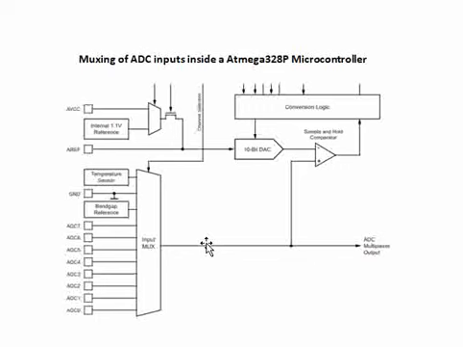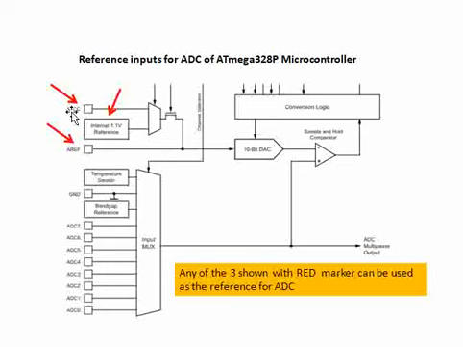The reference is the voltage against which the microcontroller operation depends, and the reference in the ATmega328P for a given ADC is selectable. So you can see here these are the ADC pins. If you go to the slide, you can see the 3 things marked in red: AVCC, AREF, and internal 1 volt reference.